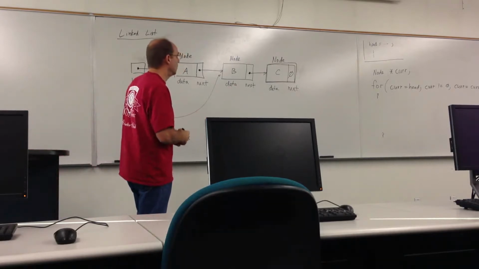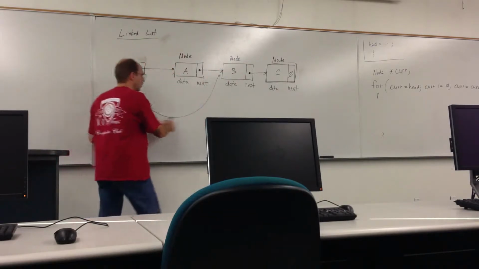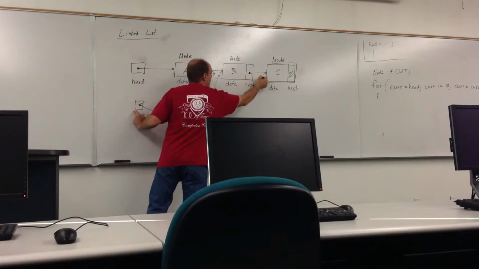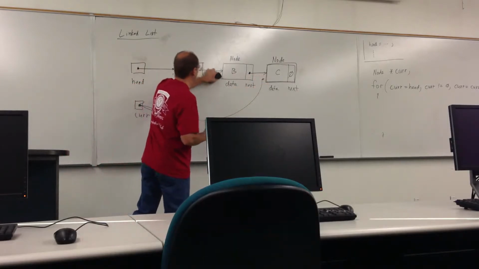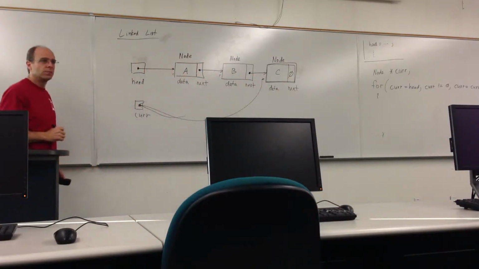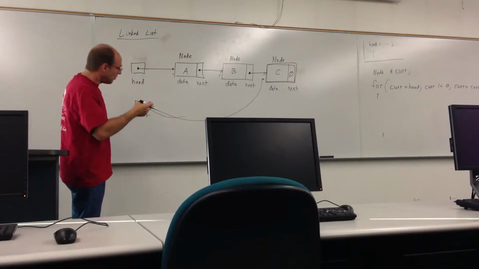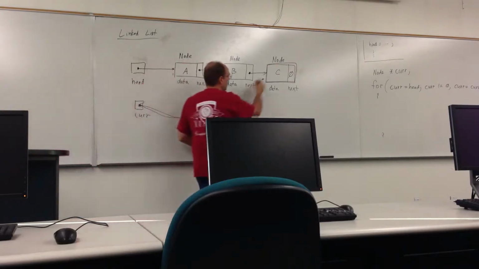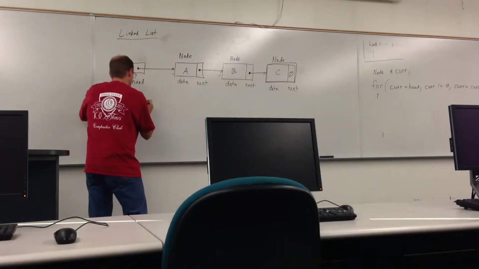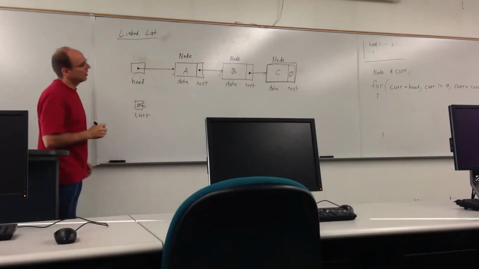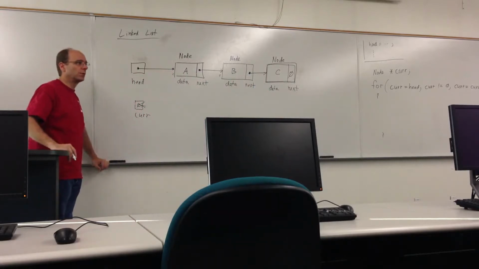It's not 0, so we execute the body of the loop, and then we go to cur next and copy that pointer back here, erasing the other pointer, right? Cur is not equal to 0, so we execute the body of the loop. At the bottom of the loop, we go to cur next, and we copy that pointer back over here. And we say, is cur not equal to 0? That's false now, so we don't execute the body of the loop, and we terminate the loop.